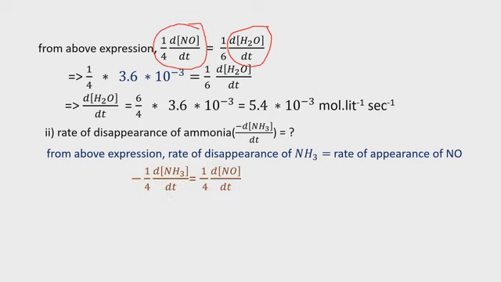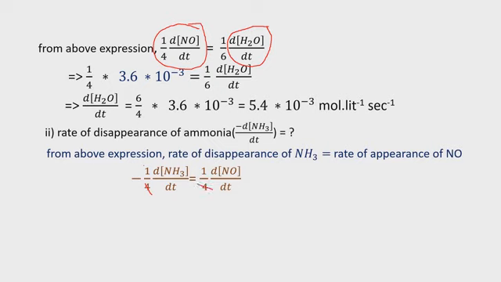So this is the data from the expression: minus 1/4 d[NH3]/dt equals 1/4 d[NO]/dt. So finally, cancel this 4 and 4.